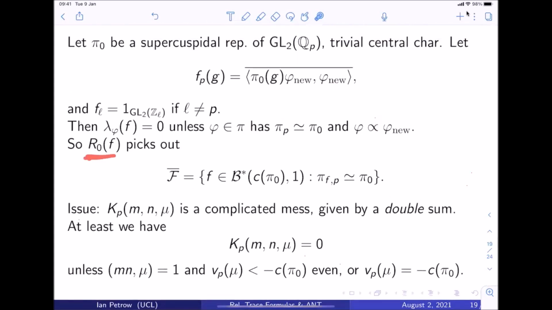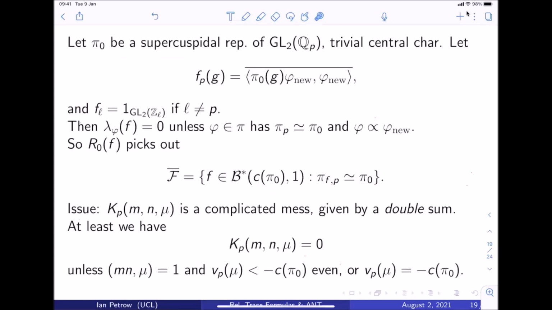So this operator R f, if I choose f as up here, is going to pick out exactly this spectrally completed family. So it's going to be all the forms of the same conductor as pi naught, my specified supercuspidal, and such that if I build the representation out of pi and look at its p component, that's isomorphic to my specified supercuspidal. So these are specified supercuspidal families.